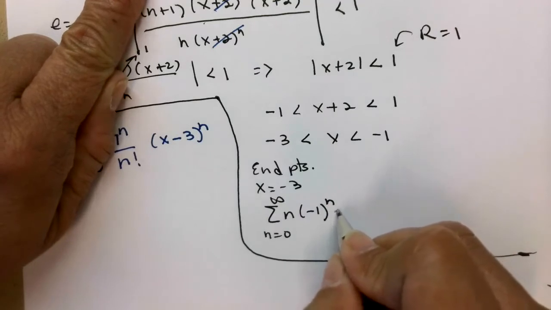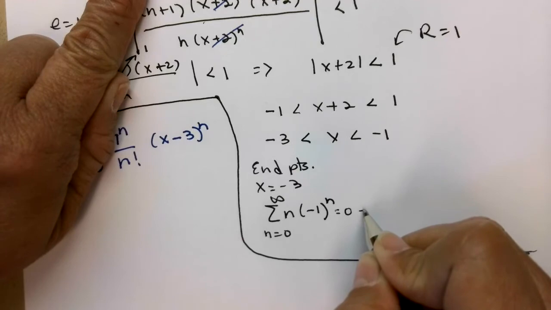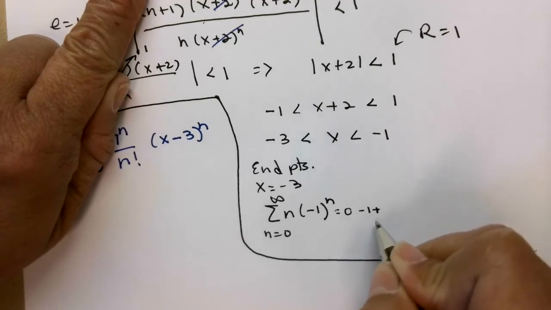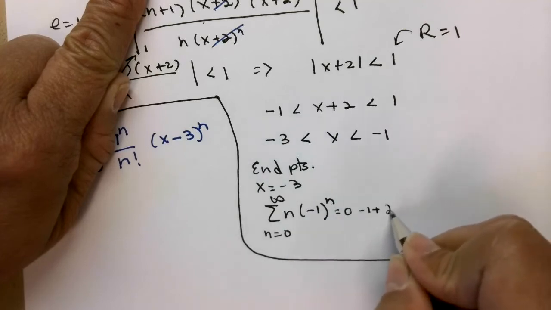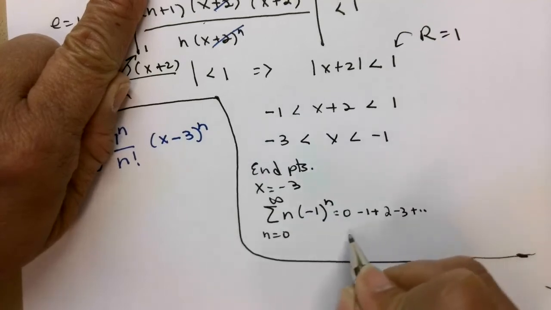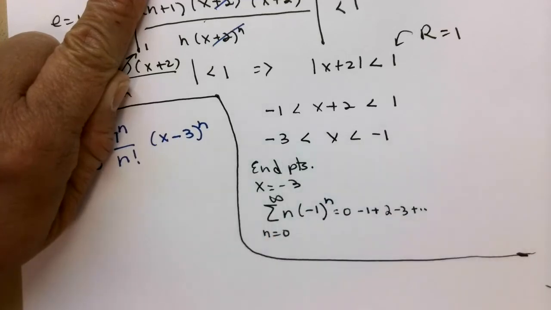If you think about what those terms are going to be, if n equals 0, I get a 0, and then n is 1, a -1. If n is 2, I get positive 2, minus 3, you've got the pattern. So my nth term isn't going to 0, so the -3 is not included.